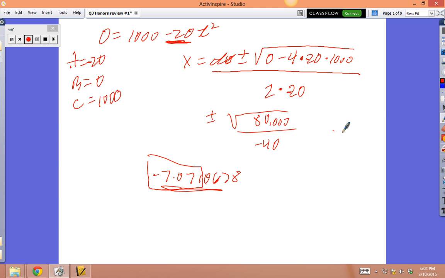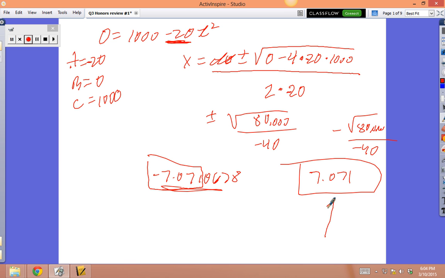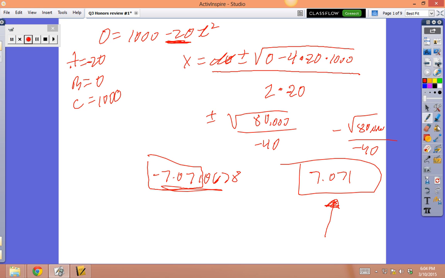It's going to be the negative square root of 80,000 divided by negative 40, and that one is going to be positive 7.071 seconds. So this is when it's going to hit the Earth. If you're using quadratic equations, use the quadratic formula, punch it in, and find your zeros.